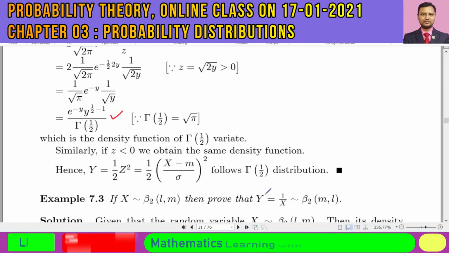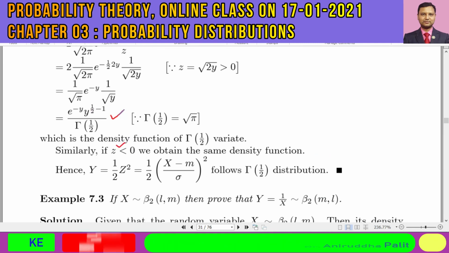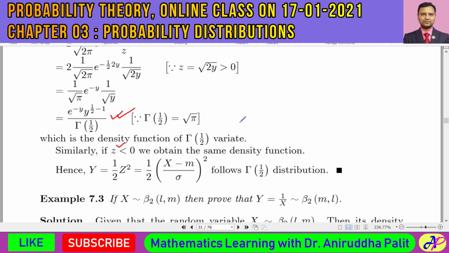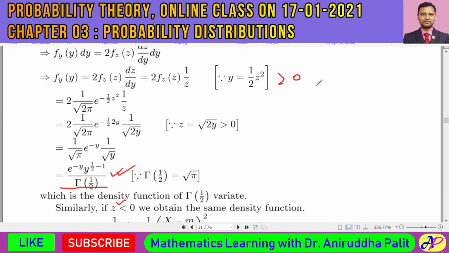Similarly, if z is less than 0, in that case also we can prove the same density function of y. So in both of these cases, we can prove that y has this kind of density function, and the spectrum of y is 0 less than y less than infinity.